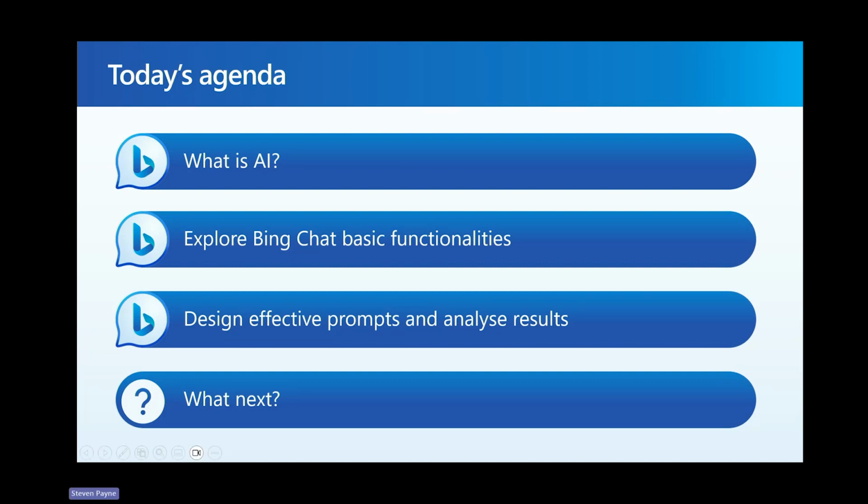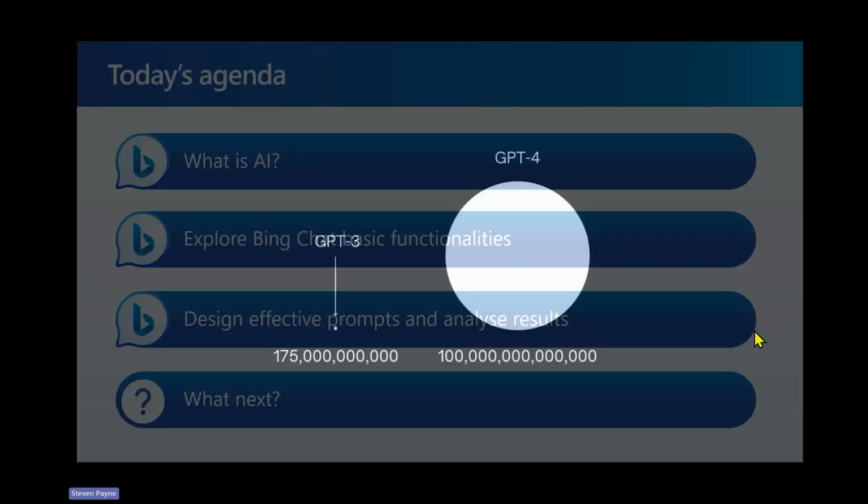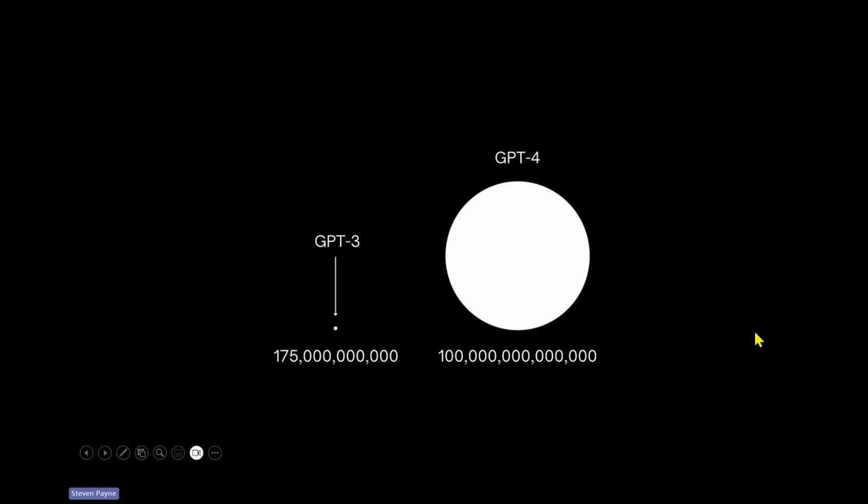Okay, so very quickly, we are currently using what's known as GPT-4 in today's session, and this just came out in the middle of this year. So many of the people on this call today will have first heard about ChatGPT maybe November last year. This was when it kind of went mainstream and was available for the public to use. And at that time, it was using GPT-3, which was trained on 175 billion bits of data.